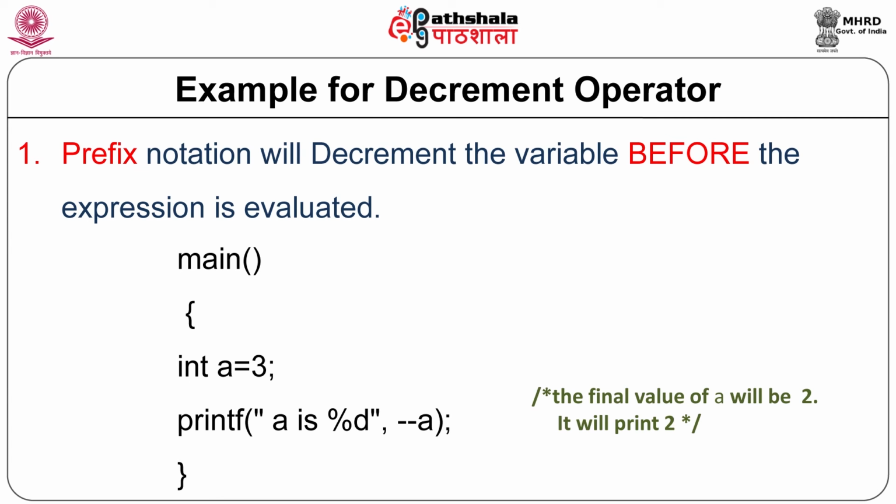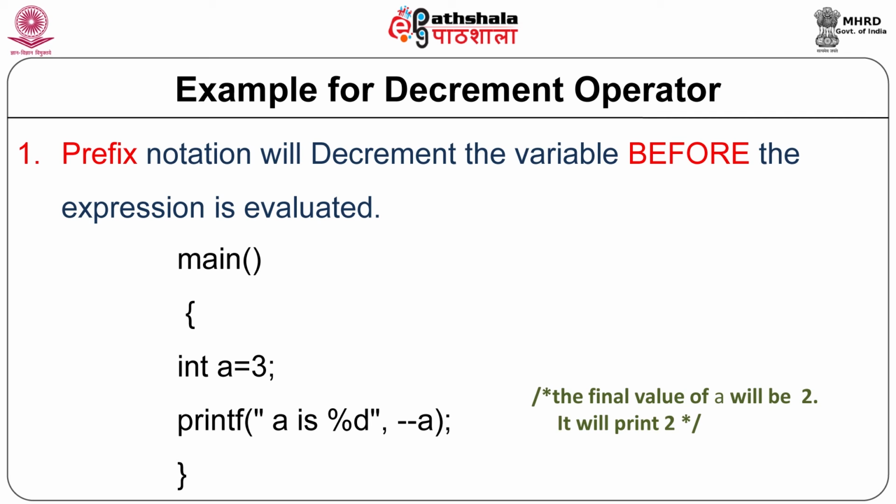Here similar program is taken, just value of a is considered as 3 in this program. So, you can see printf statement. In printf I have considered a is %d because a is integer type. I am using prefix decrement operator, that is minus minus a.